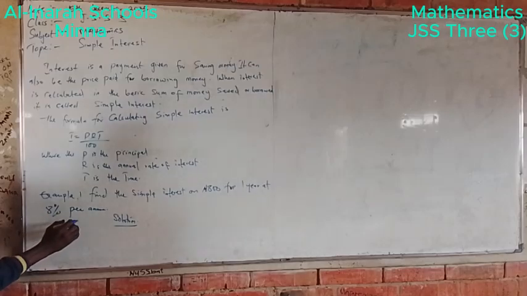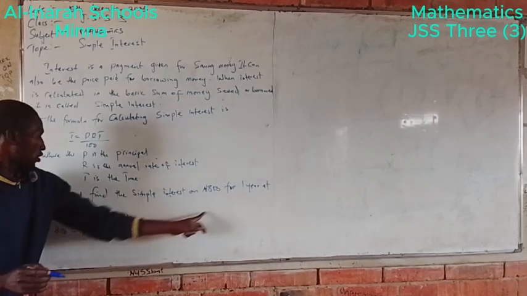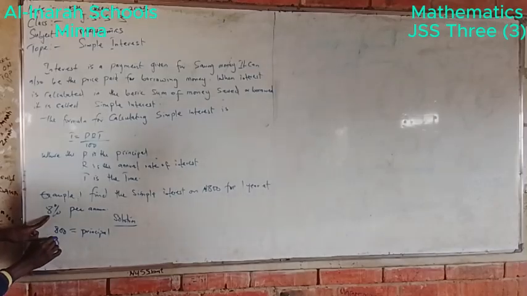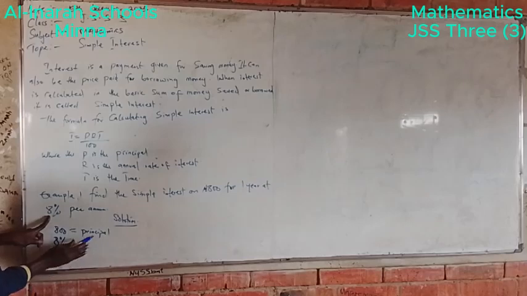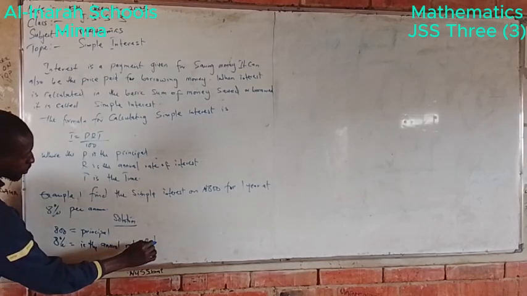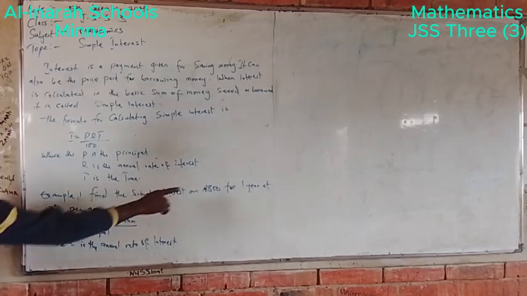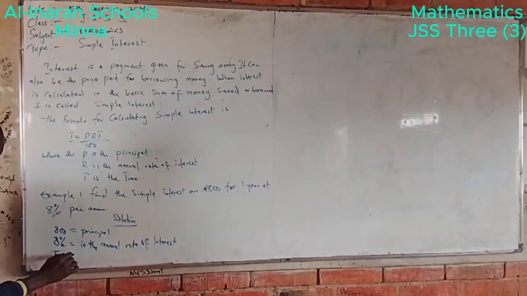Now, for us to solve this simple equation, we'll first bring out the terms. That is, 800 is equal to what? The principal. 8% is the what? The annual rate of interest. While the T is equal to what?